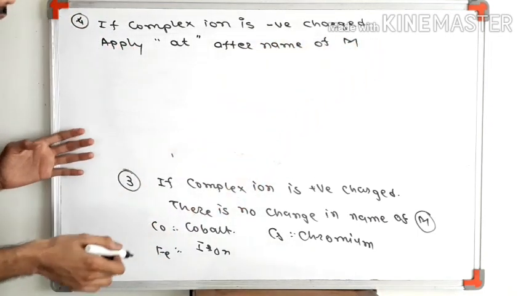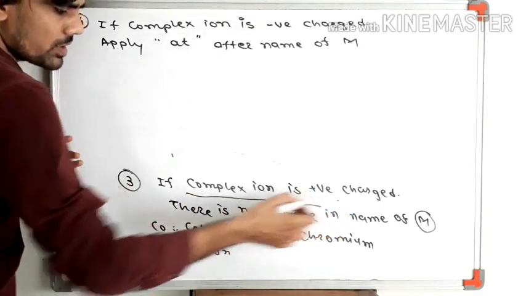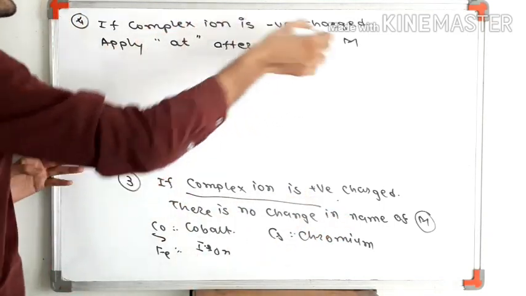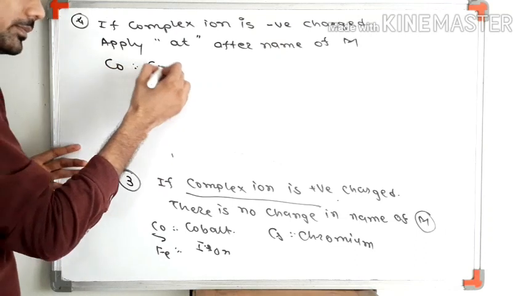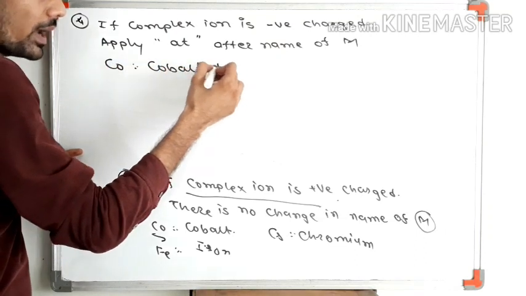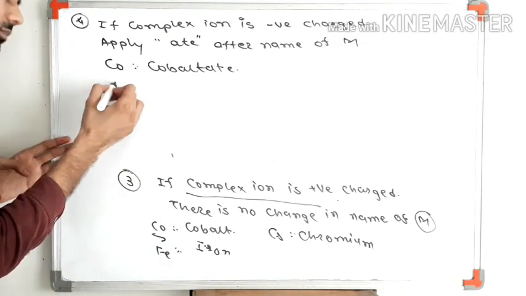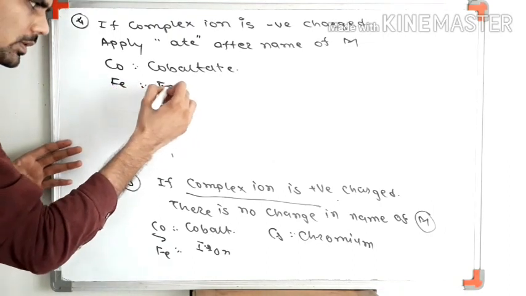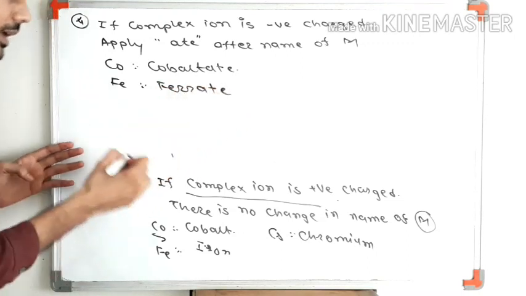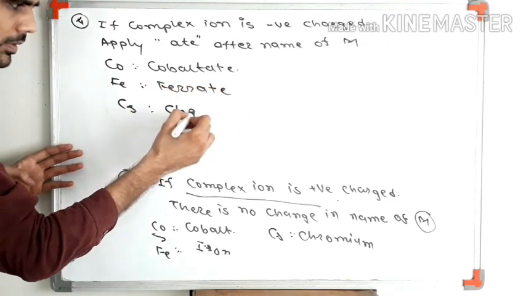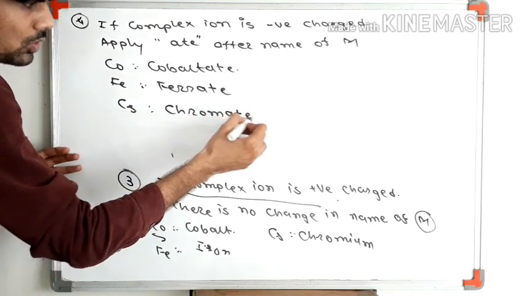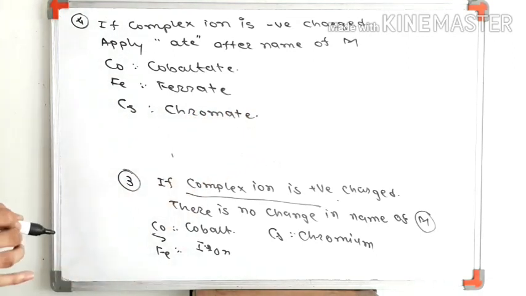As an example, if complex ion is positively charged, Co means cobalt, but if complex ion is negatively charged, Co means cobaltate. Okay, like Fe means ferrate, like Cr means chromate, like this. Mn means manganate. Okay, Ni means nickelate. You have to apply ate.